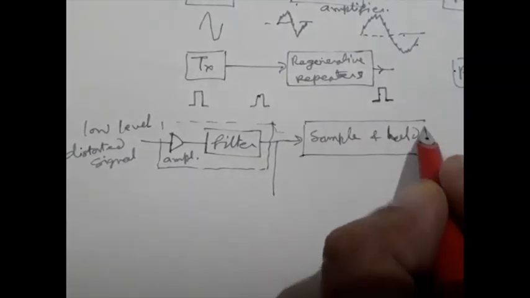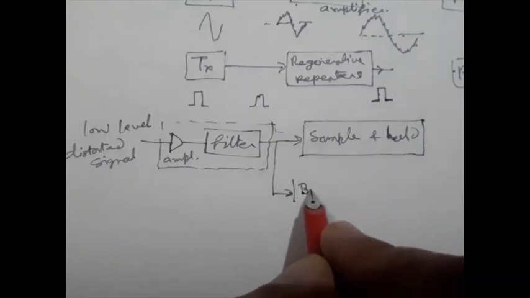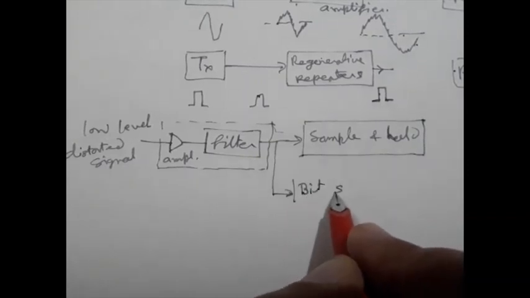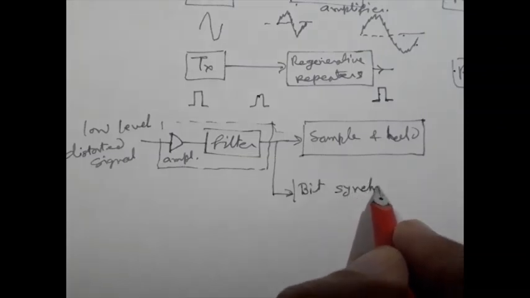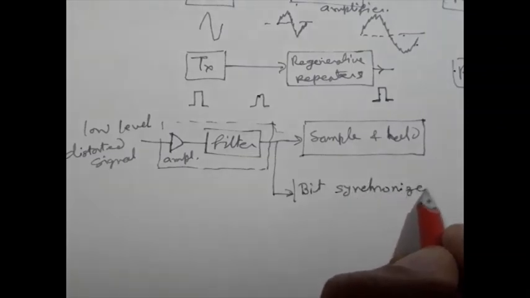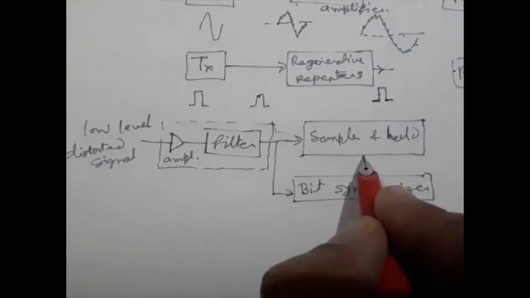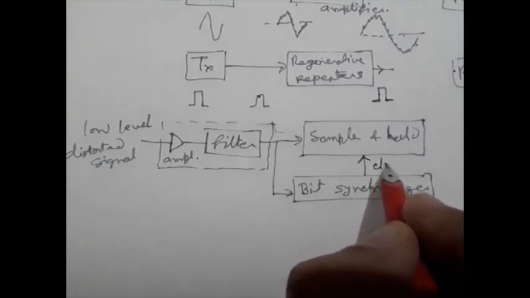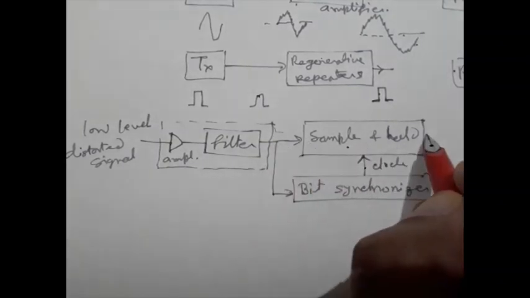That means we have to take the samples. Now to take the samples we need a clock. To determine the clock we need a bit synchronizer. The bit synchronizer will generate the clock, and that clock is used to take the samples of the original data.